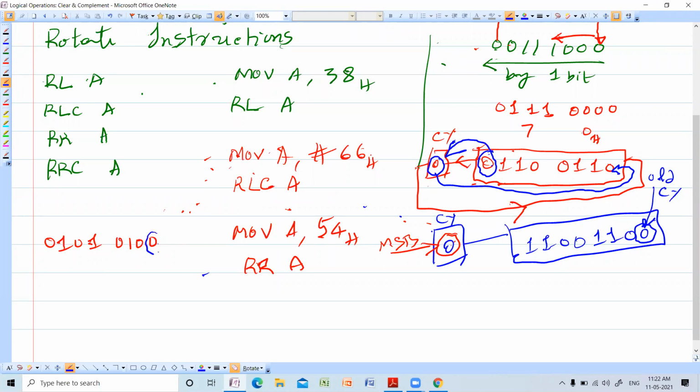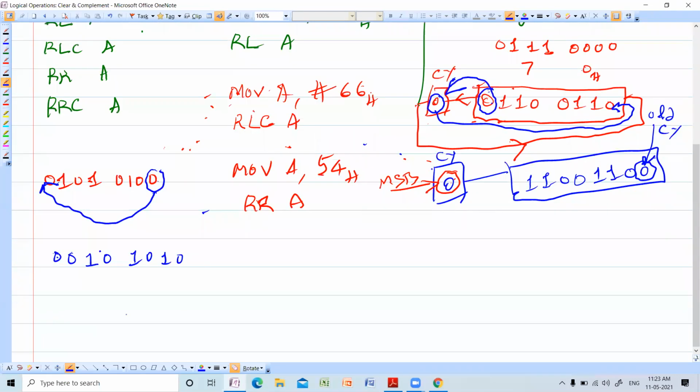Whatever is there in the LSB will be copied to the MSB, and once again things will be shifted right by one bit. So you will have 0010 1010. That is after rotation.